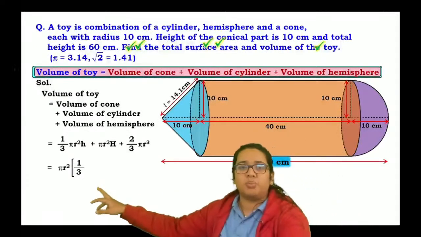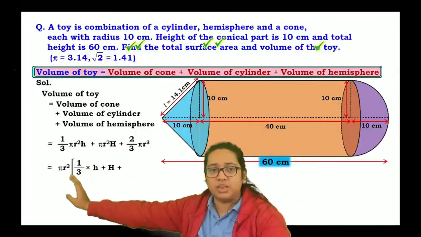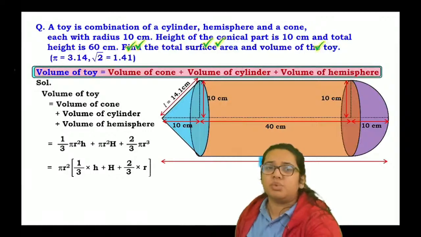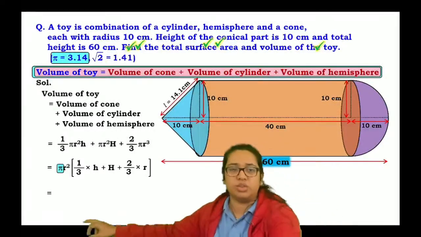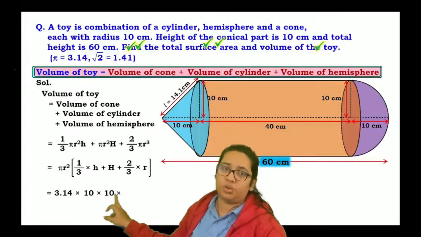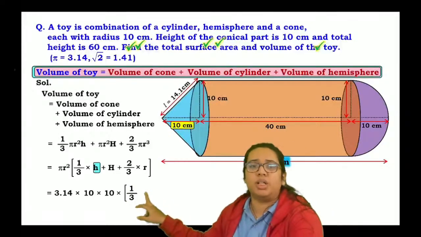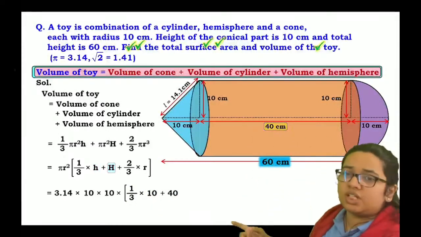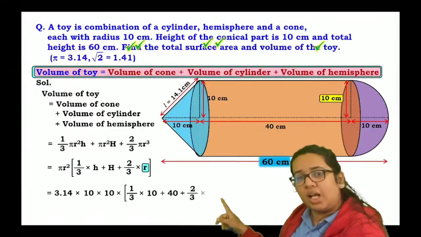So there will be 1 upon 3 times h, plus pi r square will be outside the bracket, so there will be h only, and 2 upon 3 times r. We'll just put all the values here. So pi is 3.14, r square is 10 into 10, into 1/3 of h, which is 10, plus capital H, that is the height of the cylinder, which is given as 40, plus 2 upon 3 times r.